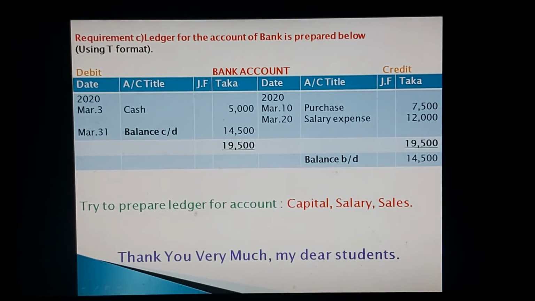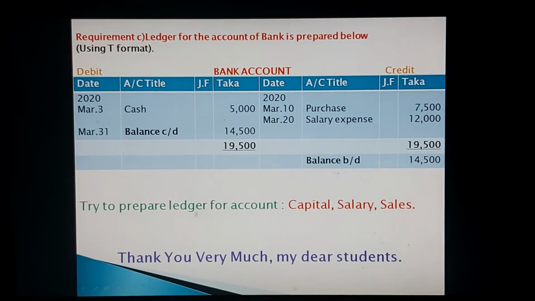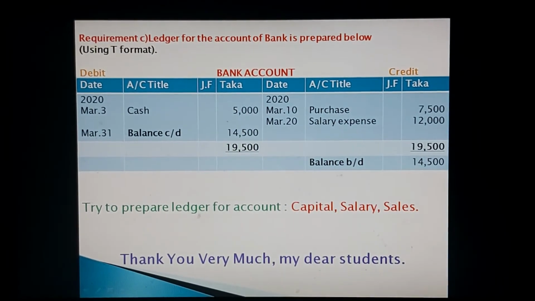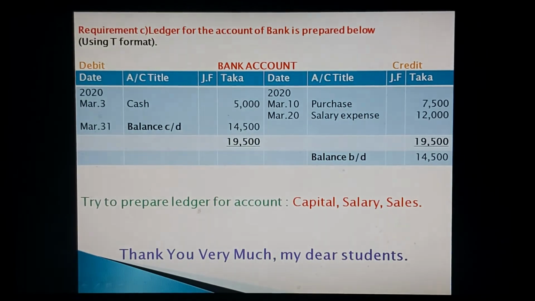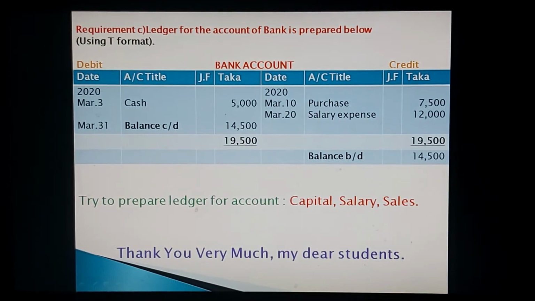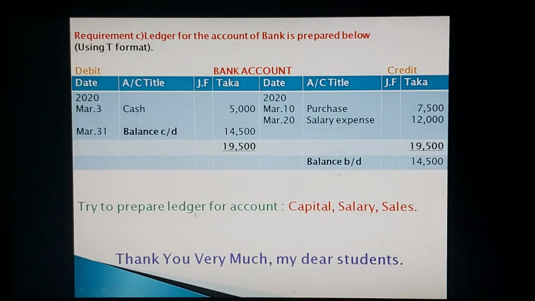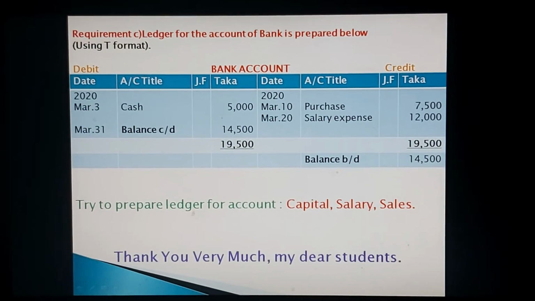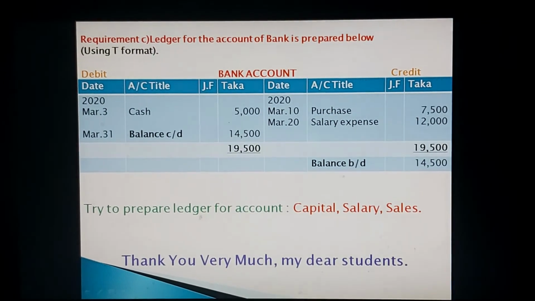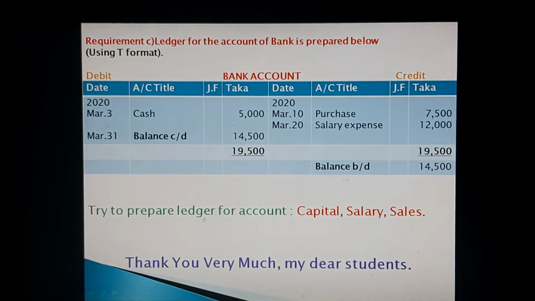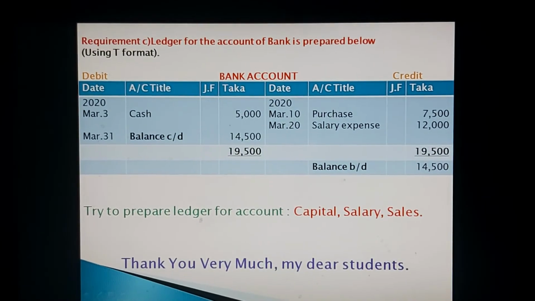The balancing figure on the last date of this month, March 31, is balance CD, that is balance carried down 14,500. And balance CD would be carried down to next month, April 1, balance BD 14,500.